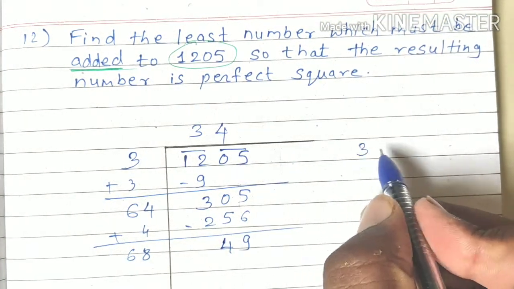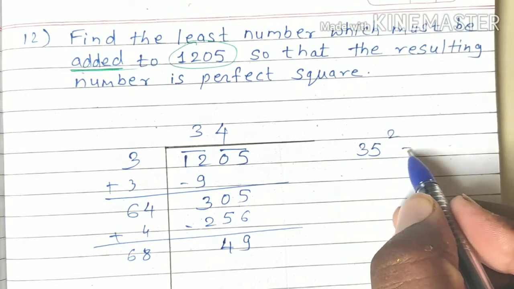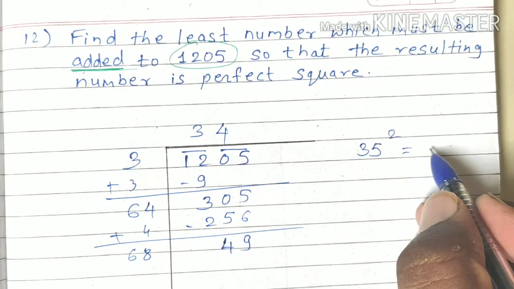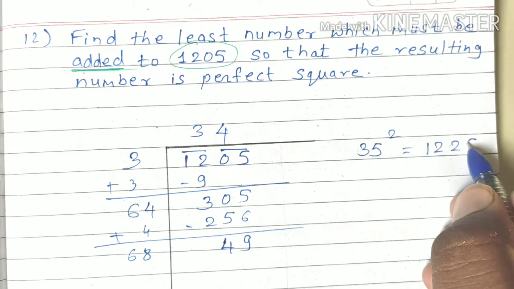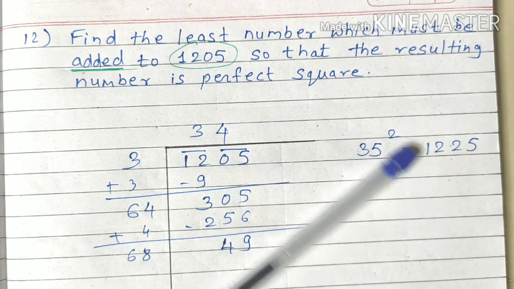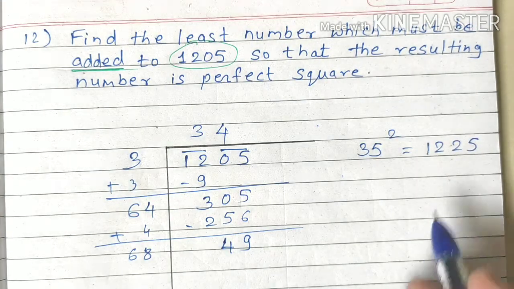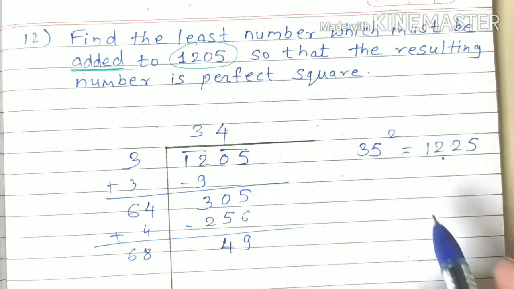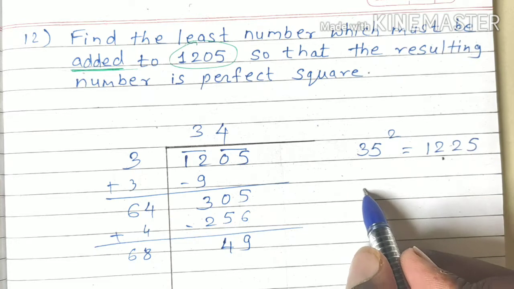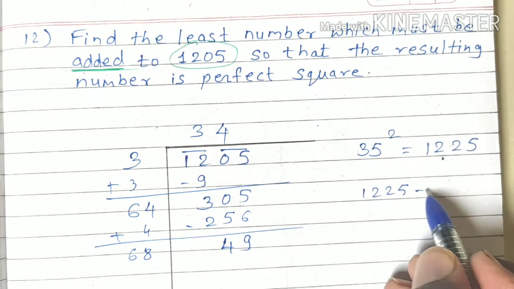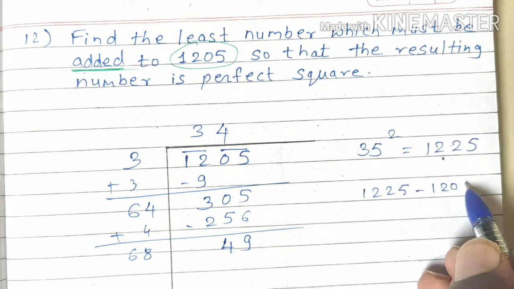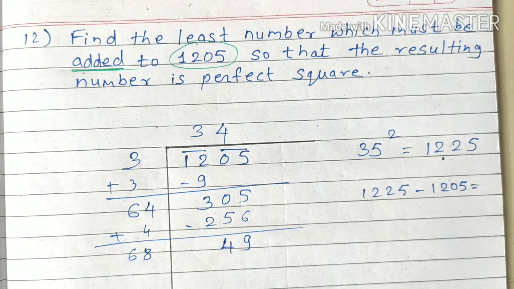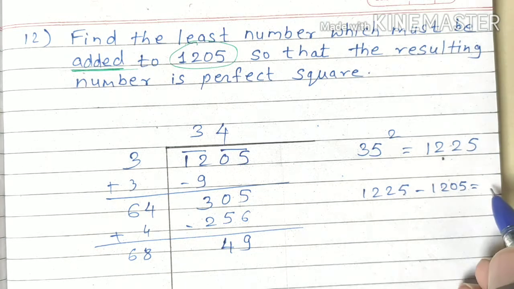The square of 35 is 1225. Okay. Now see what will happen here. Subtract 1205 from 1225. So what do we get? The subtraction of these two is 20. Correct?